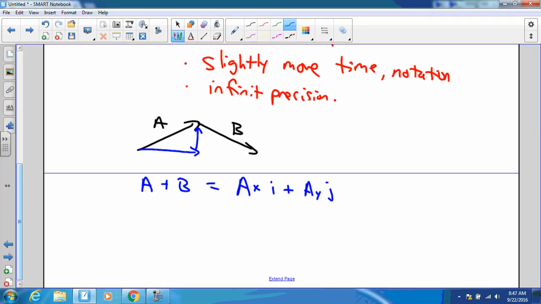And I don't put the vector hats where the context makes it clear. And I also am going to write BXi and BYj. Notice that BY is going to be a negative number in the standard reference frame here because B is going down.